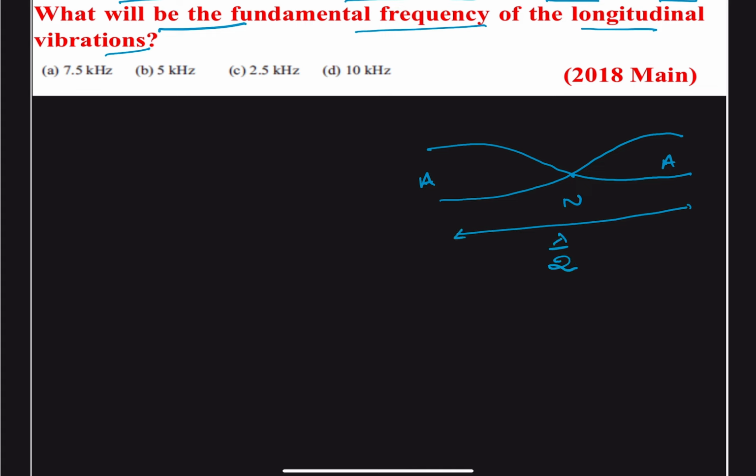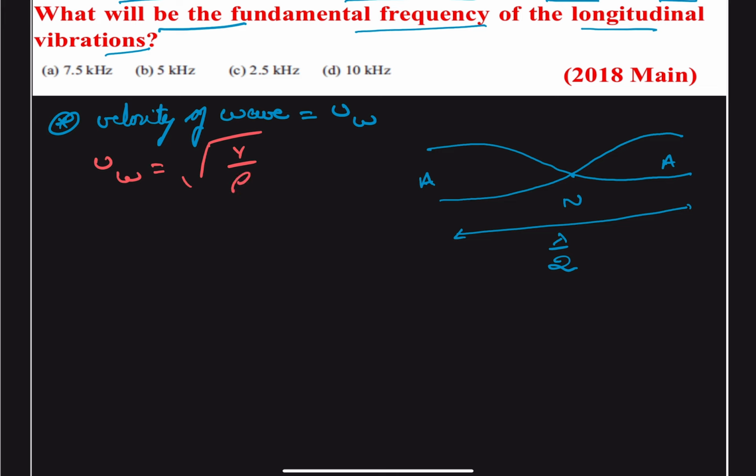And we know that the velocity of the wave is related to Young's modulus. Let us suppose the velocity of the wave is given as VW, then this VW will be equal to the square root of Y divided by density.